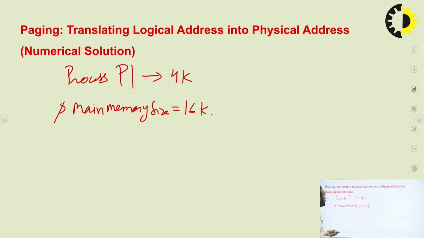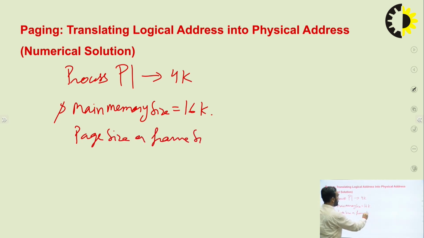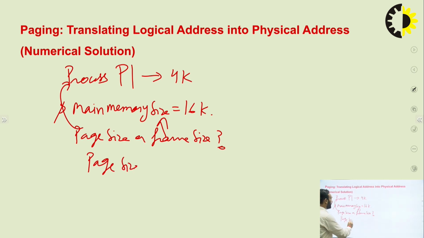So one parameter is also required to identify the location of the process in main memory, that is page size or frame size. Frame size in main memory and page size in a process. For example, if page size is 2K, how many pages are required to store process P1?